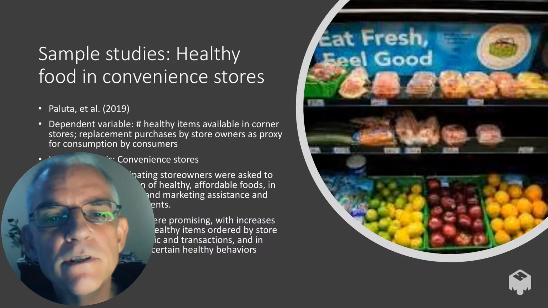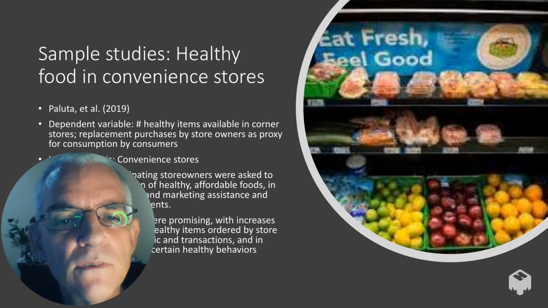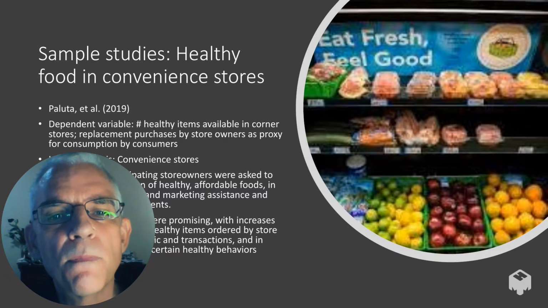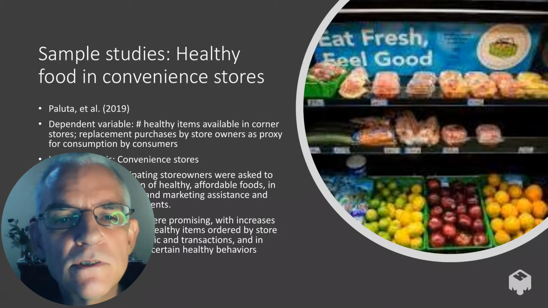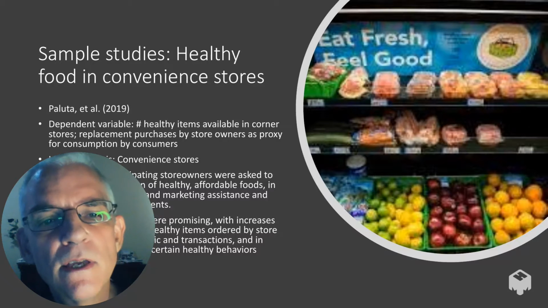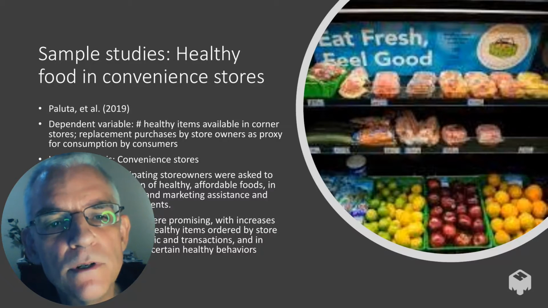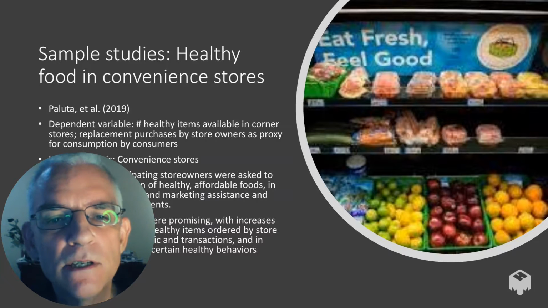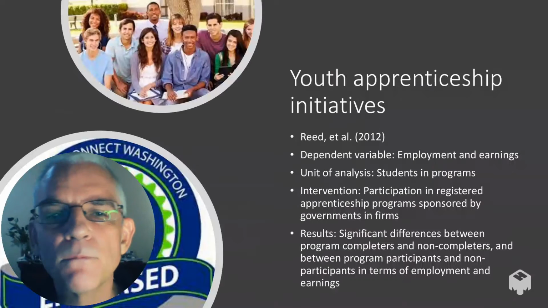The results are very promising, and they found increases in healthy items ordered by the store owners, increases in transactions and traffic in the stores, and an increase in consumer attitudes towards engaging in healthy behaviors.